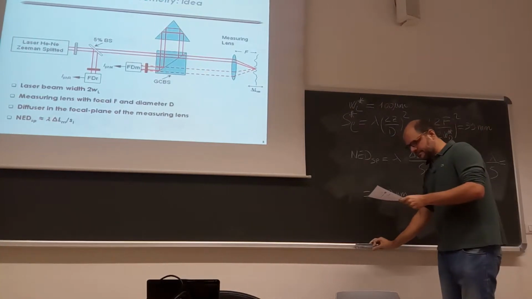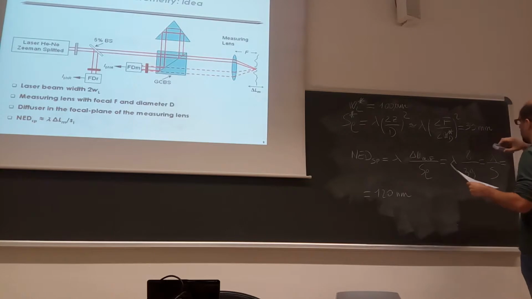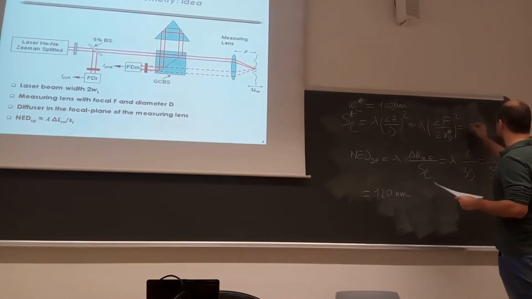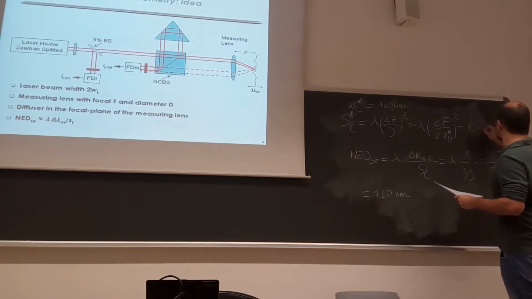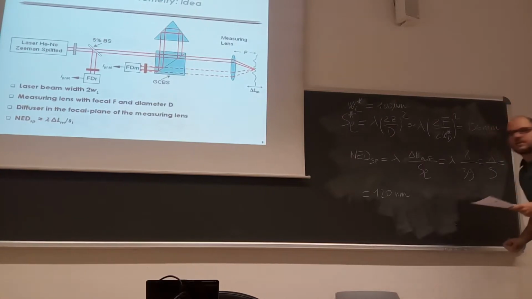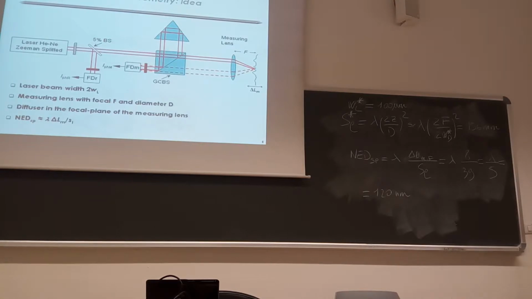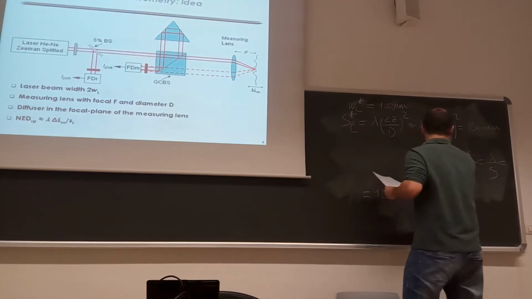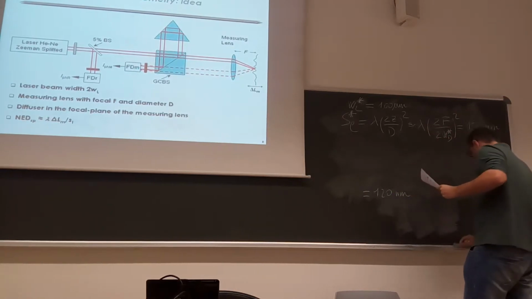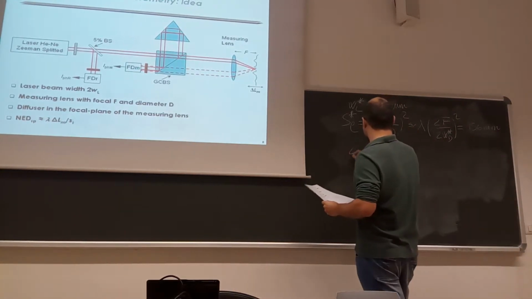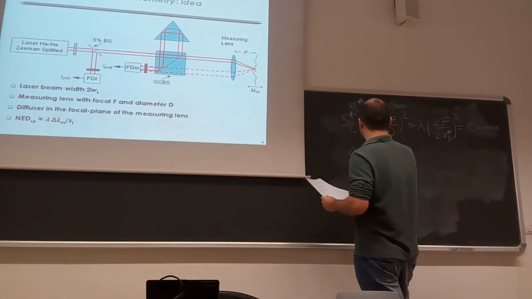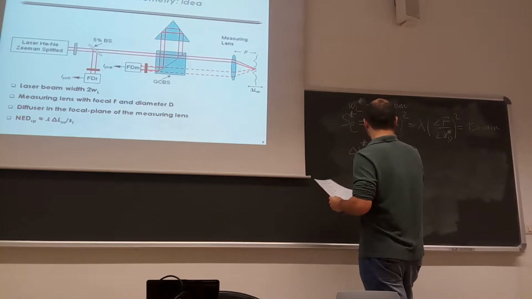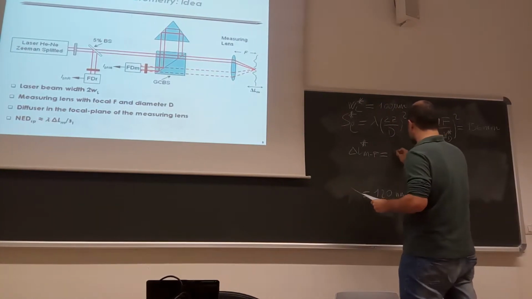And then you have more or less 156 millimeters. Then you also have another value for the depth of focus of the lens, the effective depth of focus of the lens. In this case, you get 2 millimeters.